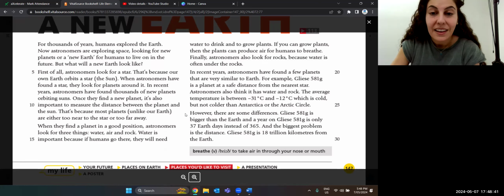However, there are some differences. Gliese 581G is bigger than the Earth, and a year on Gliese 581G is only 37 Earth days instead of 365.